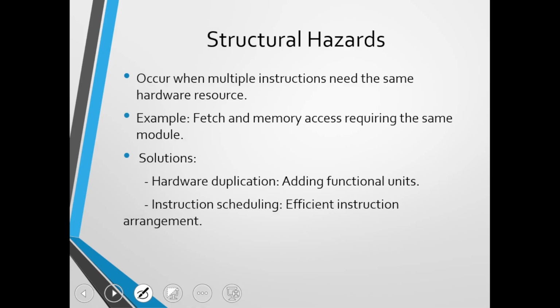For example, if two programs simultaneously send a print job to the printer, and there is only one printer, then program one is executed on the printer, and program two has to wait till the printer access is completed.